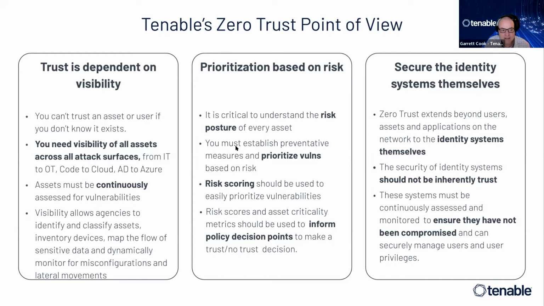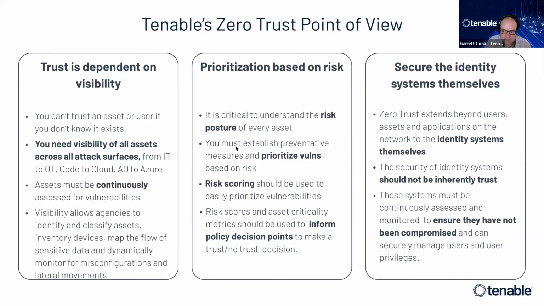In other words, if you don't know if an asset exists, or an individual or an entity or an identity or an application, you have very little ability to address it from a policy engine perspective and make a decision on whether you trust it or not. So you need visibility across the entire attack surface, everything from IT to OT, AD, Azure, everything in between.